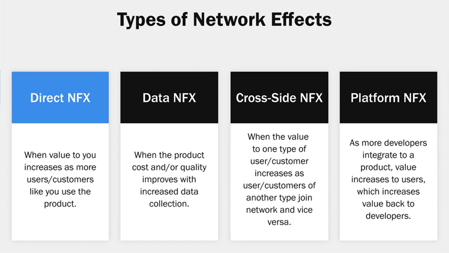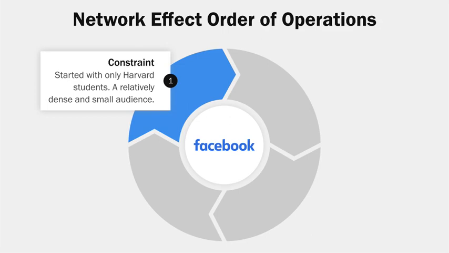Let's talk about the direct network effect, where the value increases as more users and customers like you use the product. If we look back at Facebook, we could see how in the early days they followed this framework to a T in order to get their direct network effect started. By constraining the audience, they started with Harvard-only students, a relatively dense and small audience.